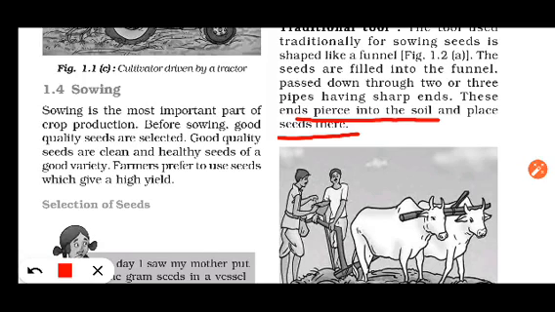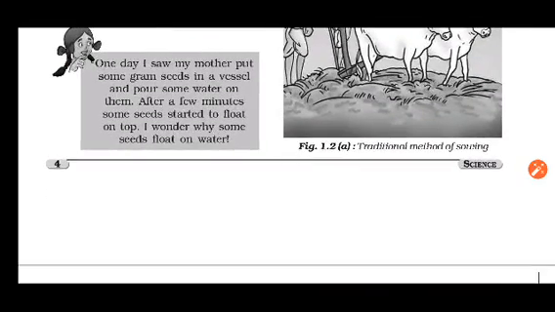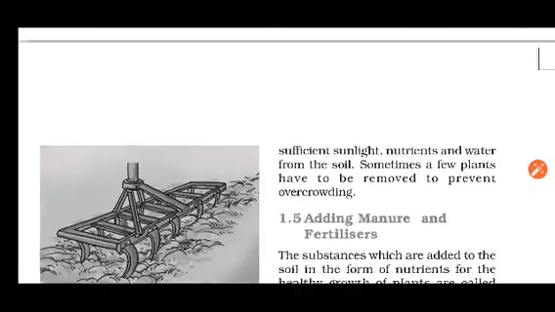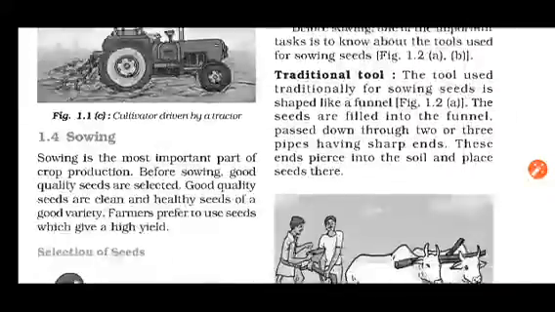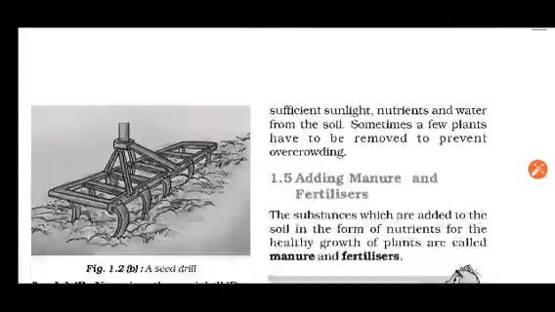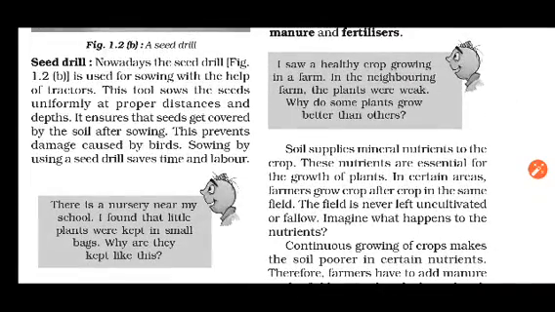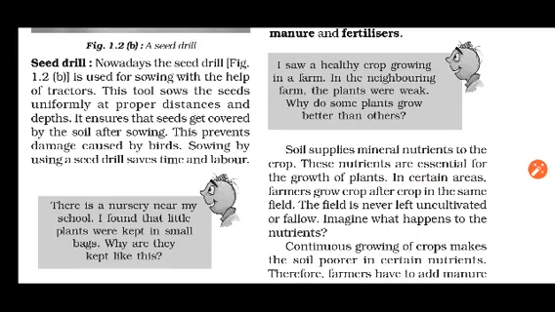But there are some drawbacks of this traditional method. Let me tell you about them. Actually, the best method to find the disadvantages of the first tool is to study the second, more technologically advanced tool, so that you will automatically come to know what the disadvantages of the first tool are.